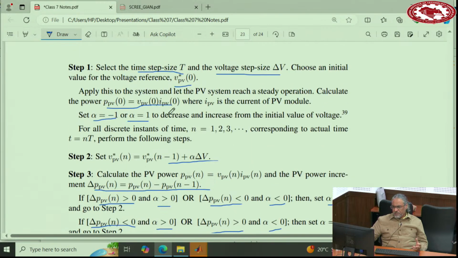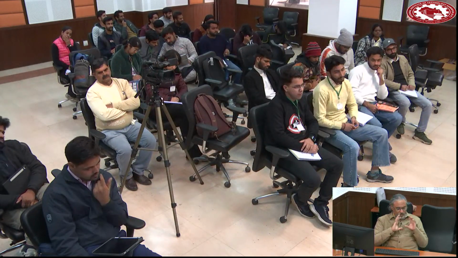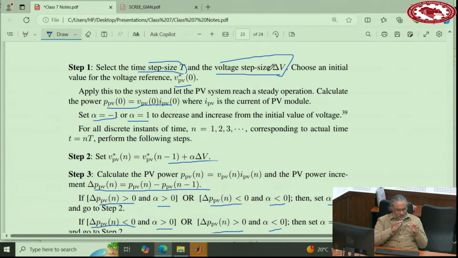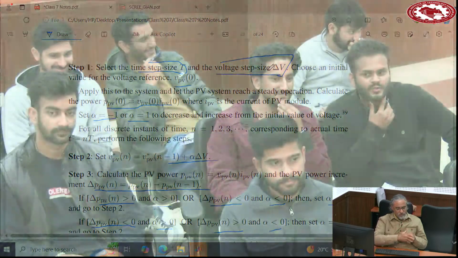So the parameters here are basically this time step t and the voltage step size delta v. Time step size means you have to apply these things and wait for some time for the system to converge. So that should be larger than the convergence time of the controller and the system and everything. And the voltage step size means how much you want every time to perturb the voltage.